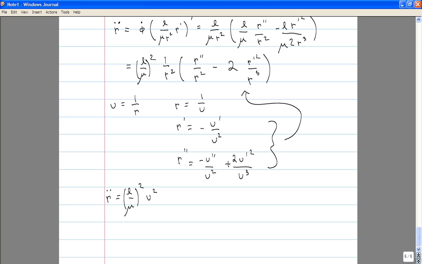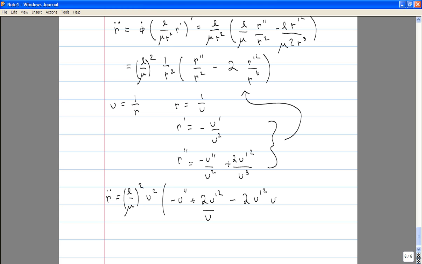So that's minus u double prime plus 2u prime squared over u, minus 2 times r prime squared over r cubed, which is r prime squared times u cubed. So that is minus 2 times u prime squared over u.